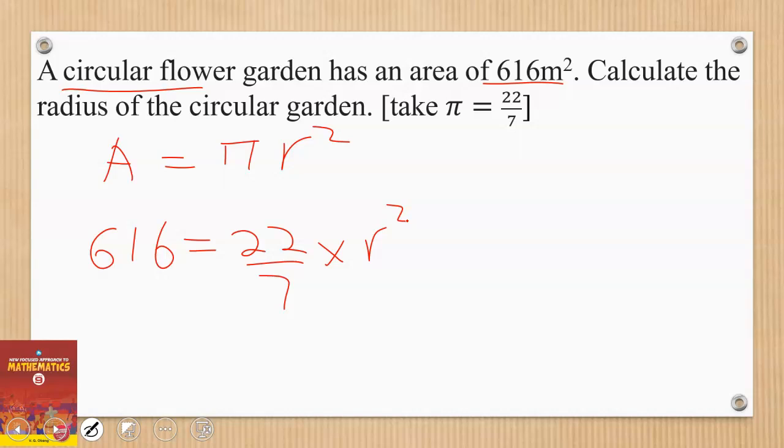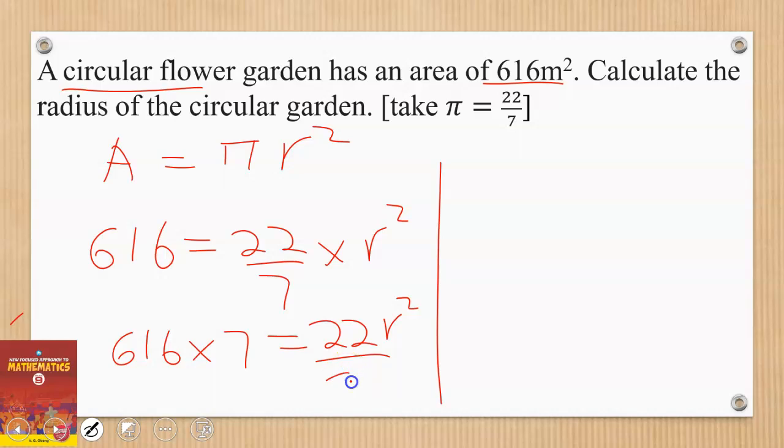Now let's do simple cross multiplication here, so that we have 616 times 7 equals 22 r squared. So we can divide both sides by 22. 616 divided by 22 will give us 28. So 28 times 7 will be 196.